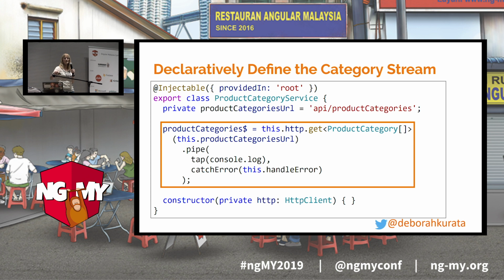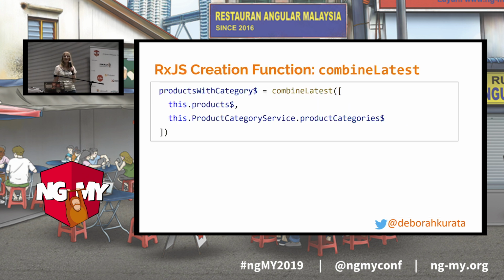In a service, like a product category service, we then have a productCategories$ stream that we're assigning to the result of the HTTP GET operation. Okay, so now we have 2 streams. We've got our products$ stream that has the category ID in it, and we've got our product category stream that has the ID with the lookup string value. How do we combine them?